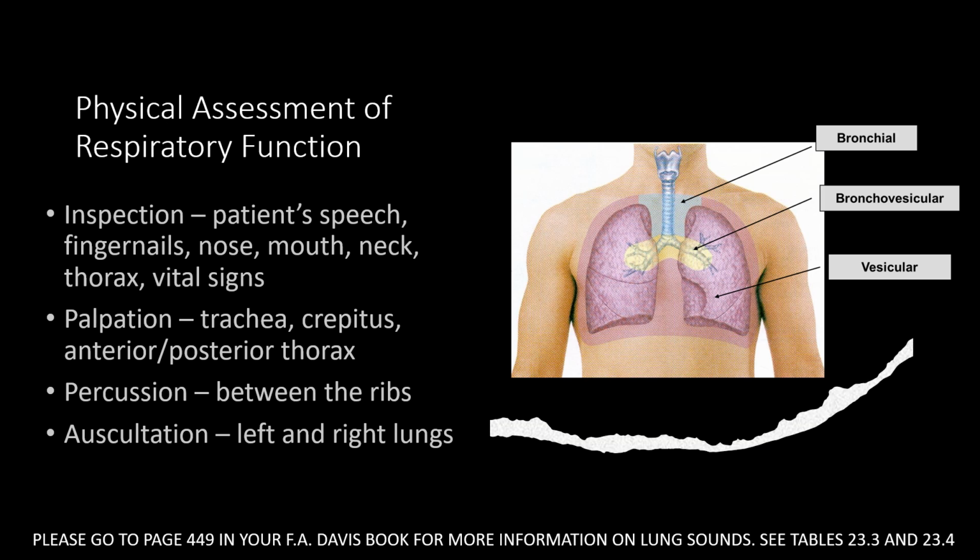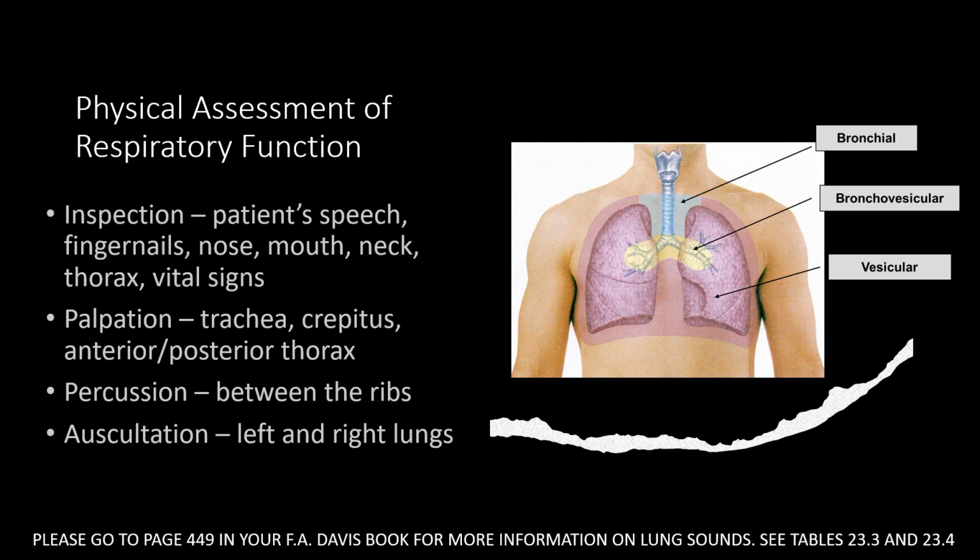When the respiration rate is obtained, look for those retractions, any nasal flaring, any use of accessory muscles, which we call belly breathing. And then also look at their pulse oximetry. Palpation. So the nurse should lightly palpate the trachea, and this is ensuring that it's midline, it's non-tender.